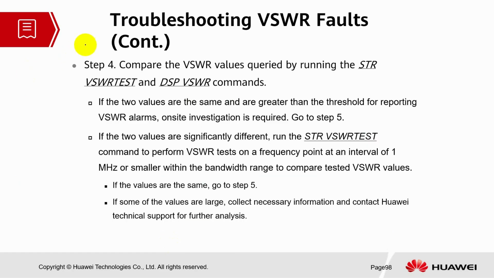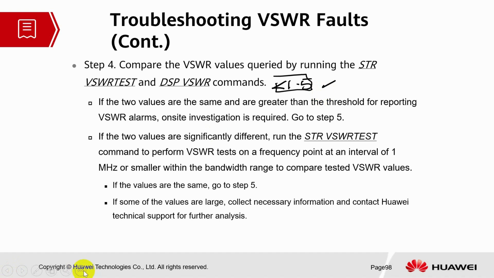We have carried out the start VSWR test and we have already viewed the display VSWR result. If the values are more than expected, the standard value should be less than 1.5, but if it's more than 1.5, that indicates there is a problem. The same goes for start VSWR test values. If the values are large, you have to collect the necessary information and contact the project team for a solution.